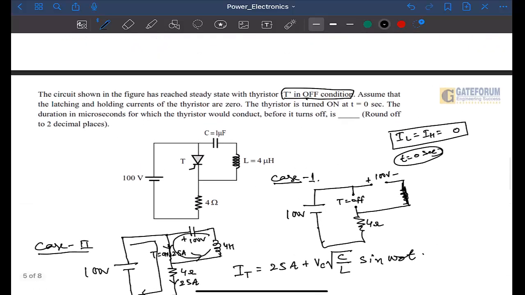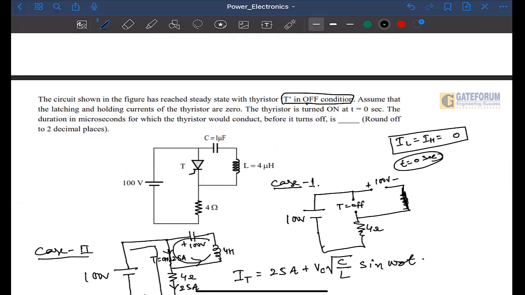So this is the duration for which thyristor would conduct before it turns off. So answer is 7.33, and we need to round off to 2 decimal places.